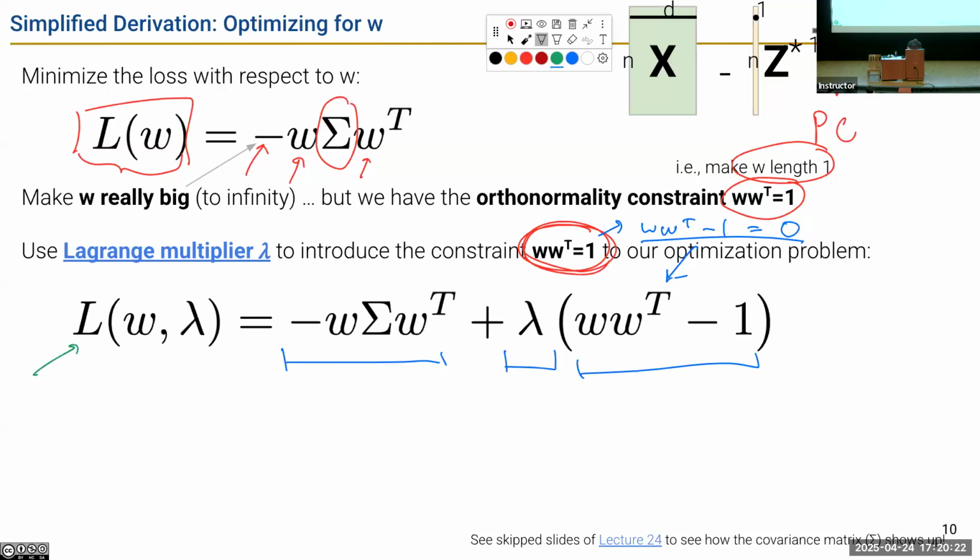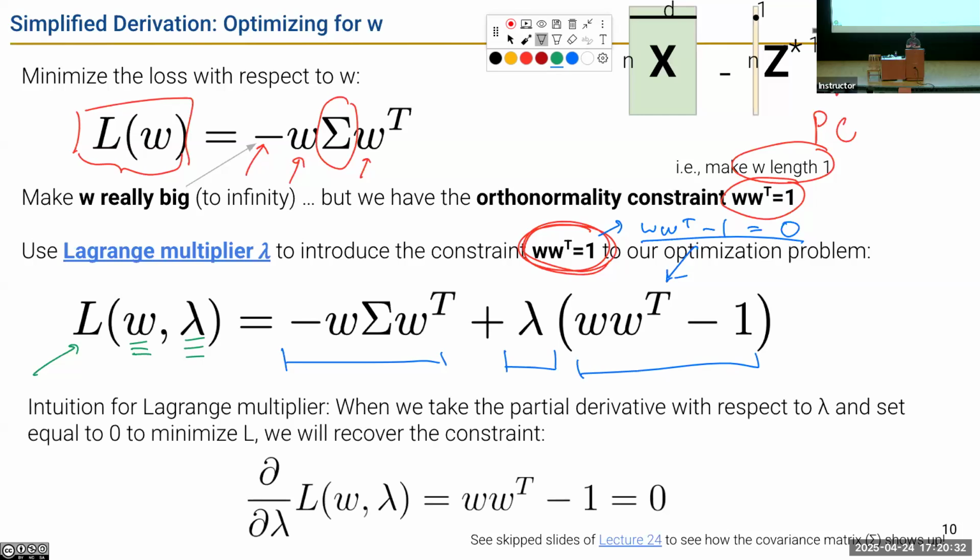Now that our loss function is expressed in terms of W and lambda, we would need to take partial derivatives in terms of W and lambda. Imagine taking a partial derivative with respect to lambda. What ends up happening, it's kind of magic. If I take a partial derivative with respect to lambda, there's no lambdas in that expression, so it gets treated like a constant and goes away.